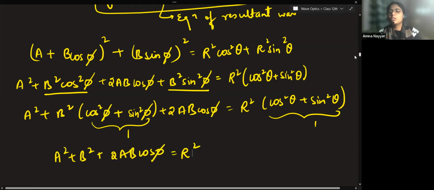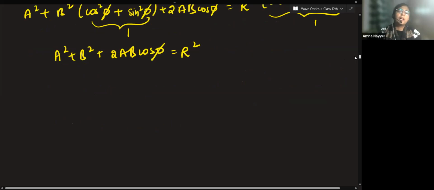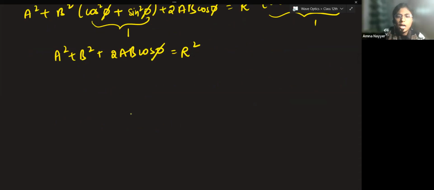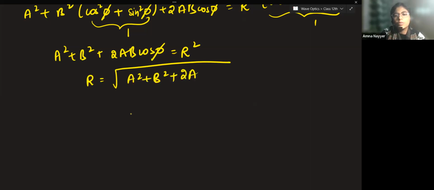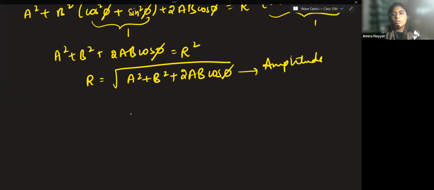It's similar to the parallelogram law that you did in your class 11. So r is equal to under root a square plus b square plus 2ab cos phi. This is the final amplitude of the resulting wave.